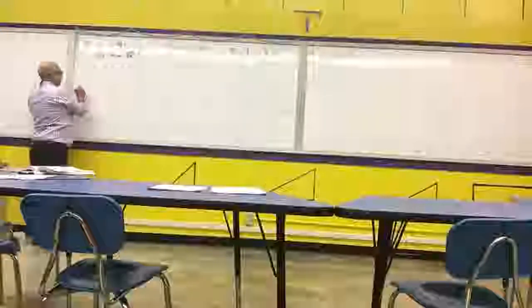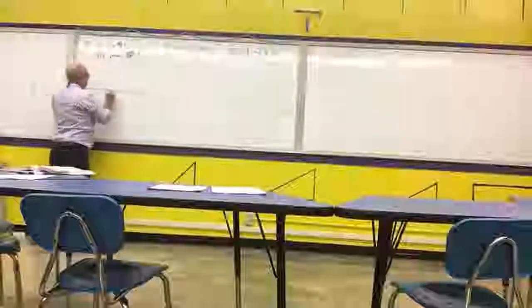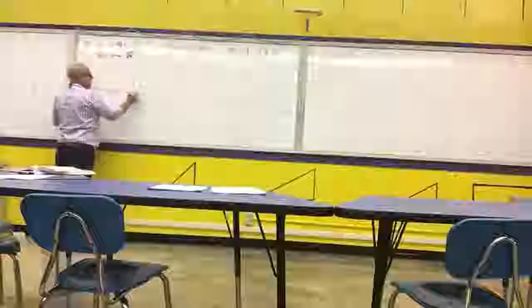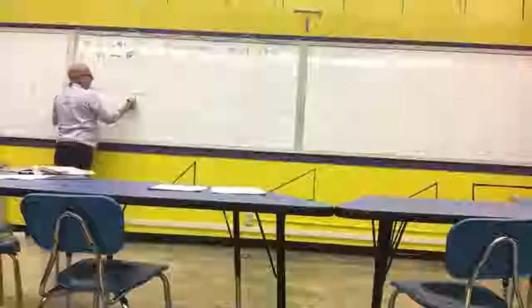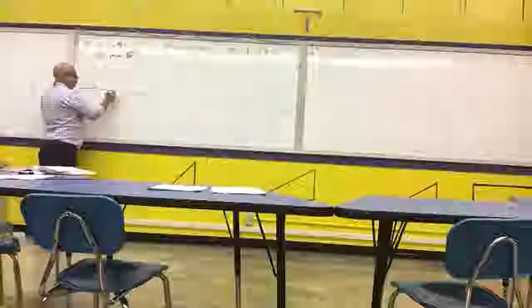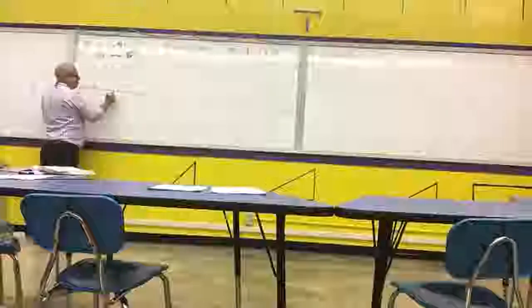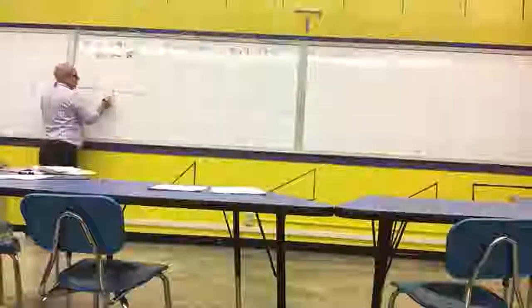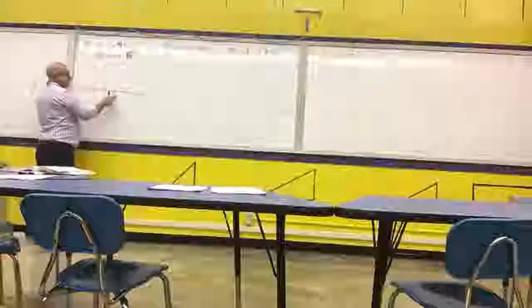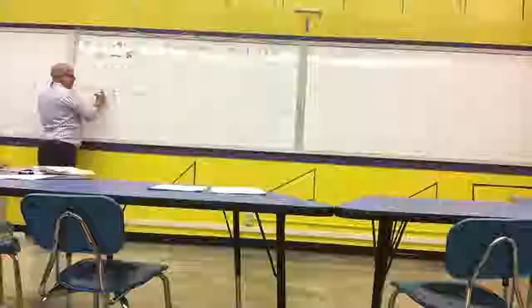So the first thing we're going to do is we will use our period and come out here and label our period. Then we're going to divide that region into fourths. So this would be 3 halves. So that's 1 1/2. Half of 1 1/2 would be 3/4.